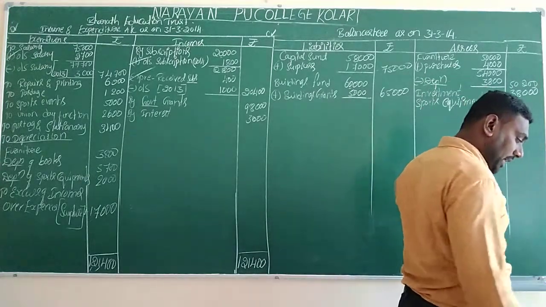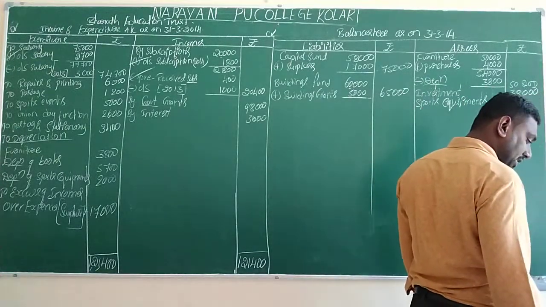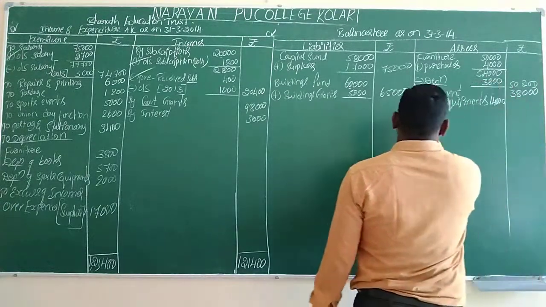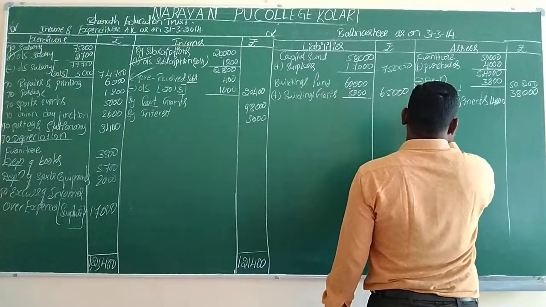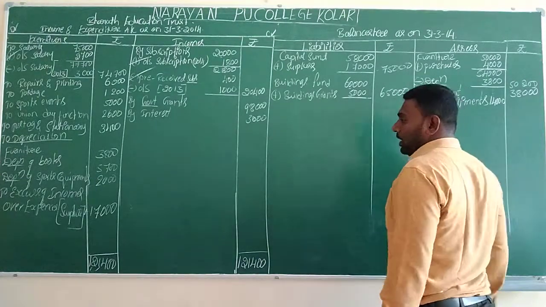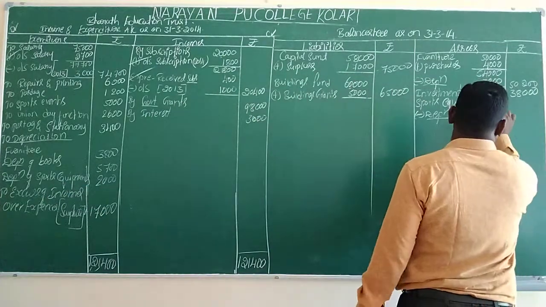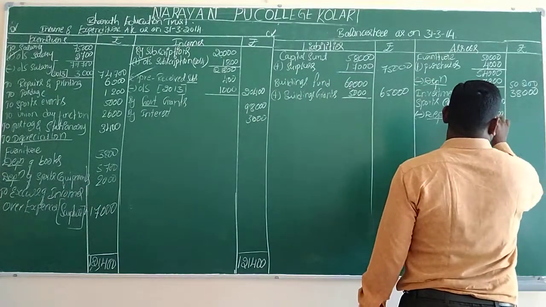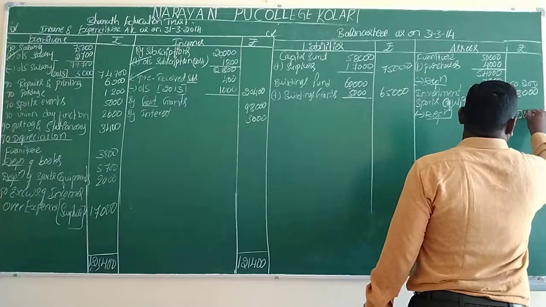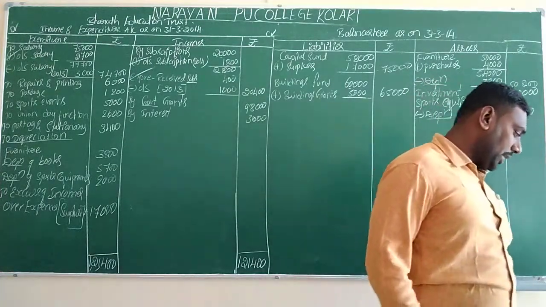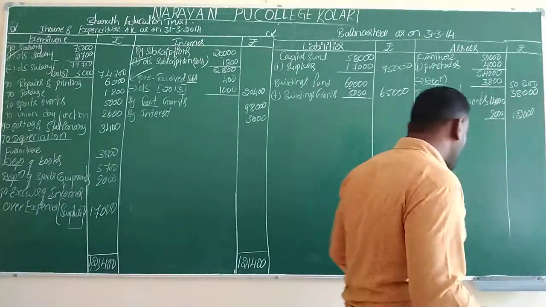Sports equipment we will write in the inner column because there is an adjustment. 14,000 minus depreciation. The depreciation for sports equipment is rupees 2,000. 14 minus 2, 12,000.